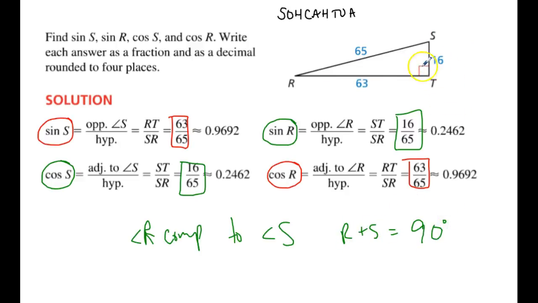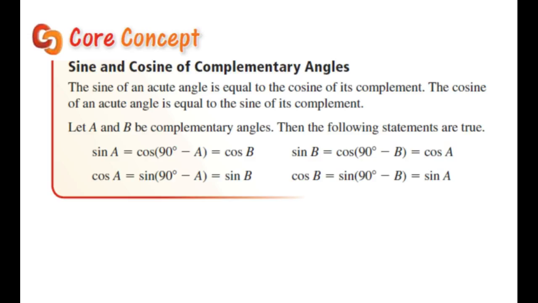I know that because I'm dealing with a right triangle, and all triangles have a total of 180 degrees, and 90 of it's here, so these two added equal 90. Because of that fact, I know that the sine of one is equal to the cosine of the other one. So keep that in mind as we continue on.